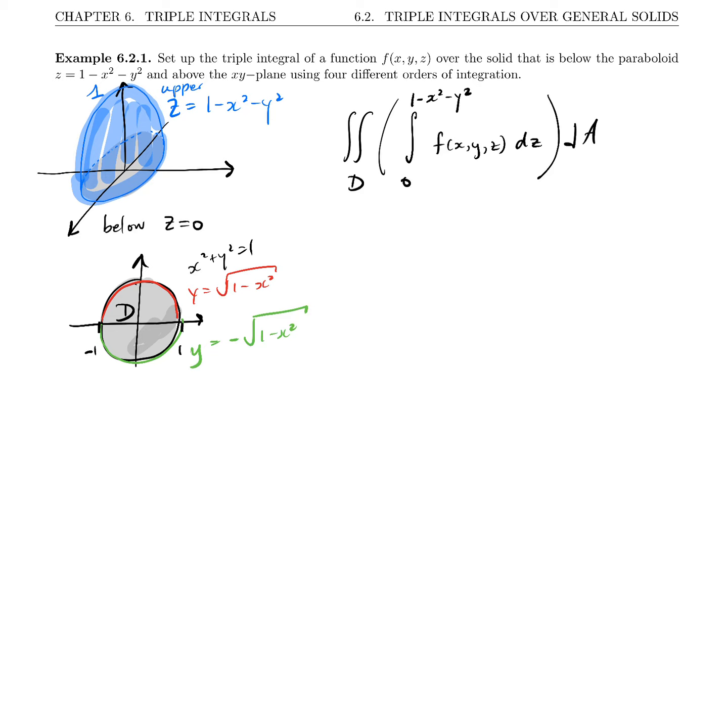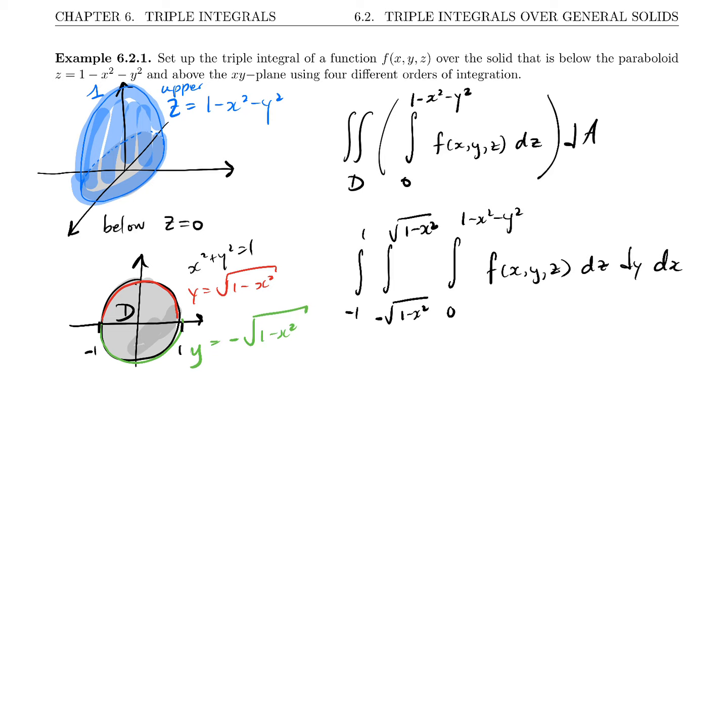So we can set up our integral as the integral from minus 1 to 1 in x, the integral from minus the root of 1 minus x squared to the root of 1 minus x squared, of the integral from 0 to 1 minus x squared minus y squared of our function f, and the order that we've chosen is dz, dy, dx.